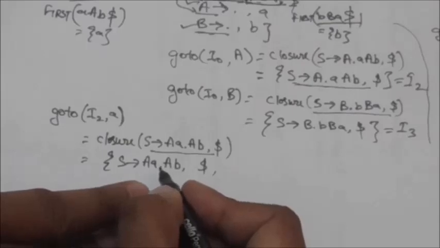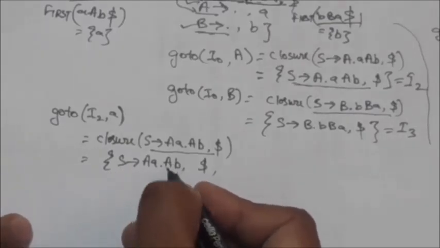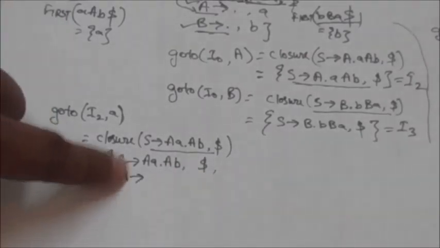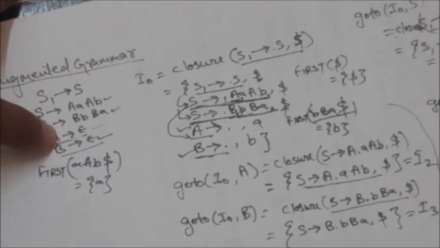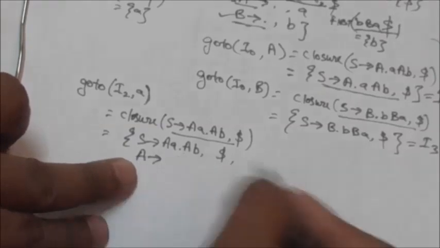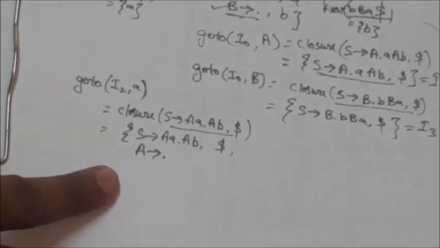Now in this item you can see that dot is preceding this non-terminal symbol A, right? So we will add the item in this closure for this non-terminal symbol A corresponding to this production rule, A derives empty, right? Where this non-terminal A is at left and at right the dot is at leftmost position.